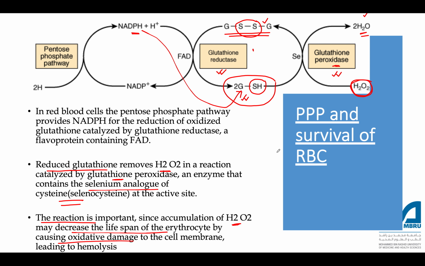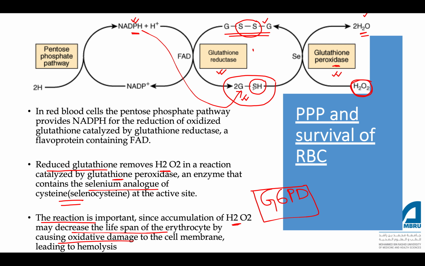That brings us to one of the important genetic disorders associated with the pentose phosphate pathway, which is called G6PD deficiency. So some people have a deficiency of glucose 6 phosphate dehydrogenase, which attenuates the formation of NADPH.